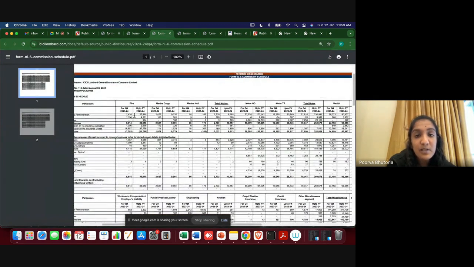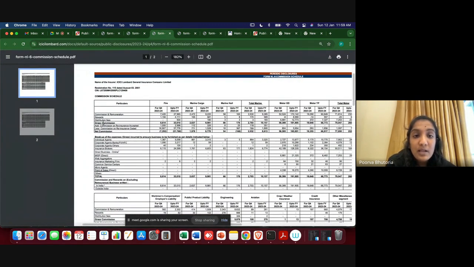Now again, similar pattern. Commission and remuneration, reward, distribution fees, gross commission. So whatever we've incurred for the direct business comes here. This is all that you need to know. Commission is a flat percentage or whatever arrangement the insurer has with the agent or web aggregator, and falls under this head.